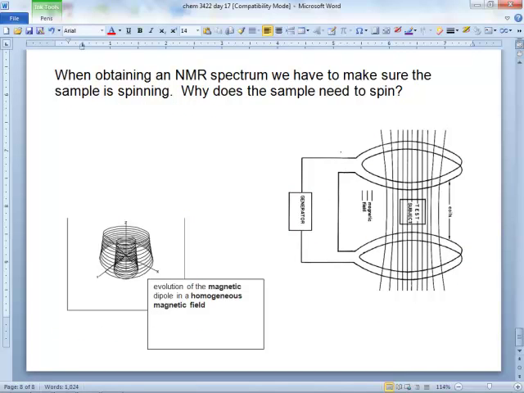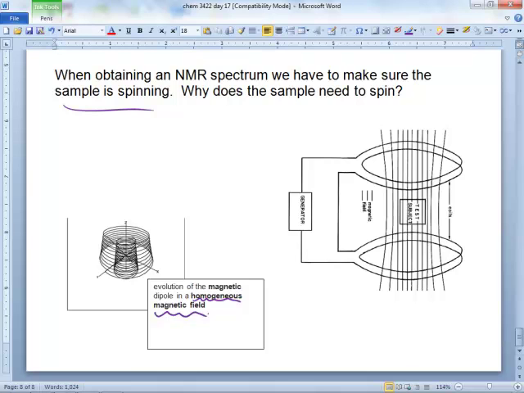Yeah, well, last question. When obtaining an NMR spectrum, we have to make sure the sample is spinning. Why? If you don't have it spinning, nothing changes.